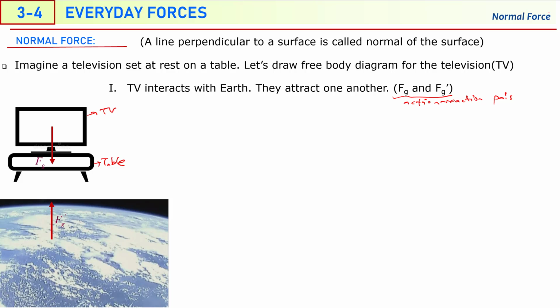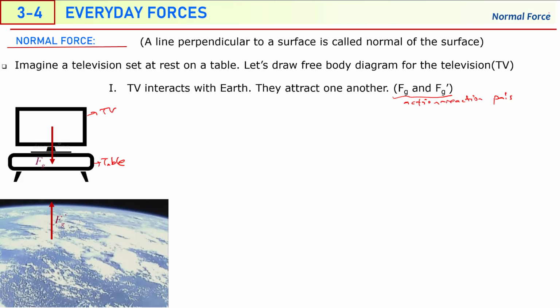There is also an interaction between the television and the table. This is a contact force. The first one was a field force because Earth and the television are not directly in contact. Gravitational force is a field force. Field forces are also created in pairs. So Fg and Fg prime represent the action and reaction forces.